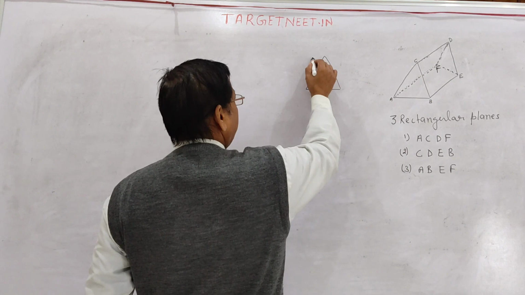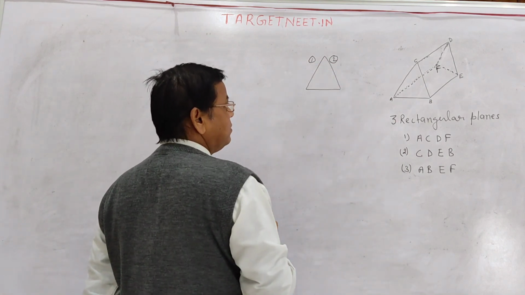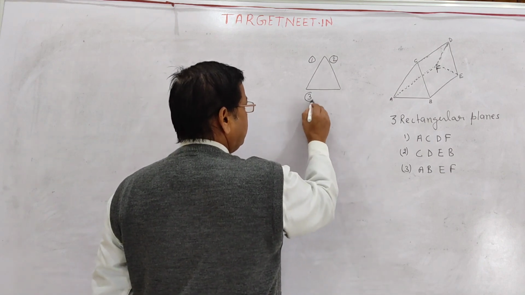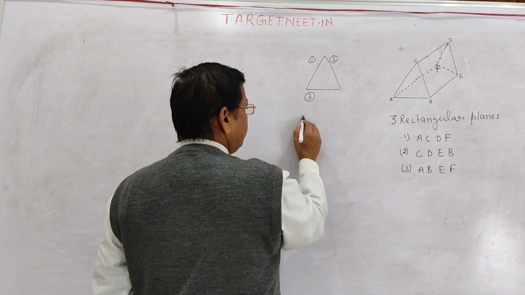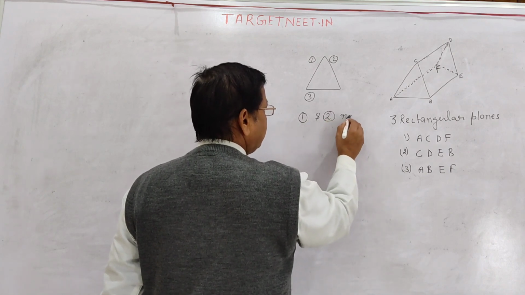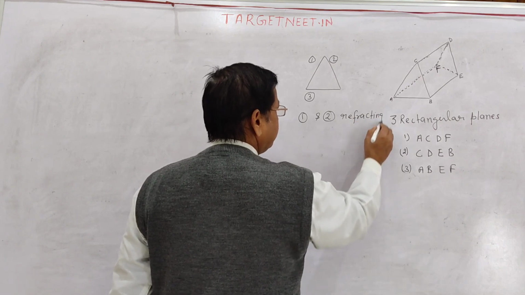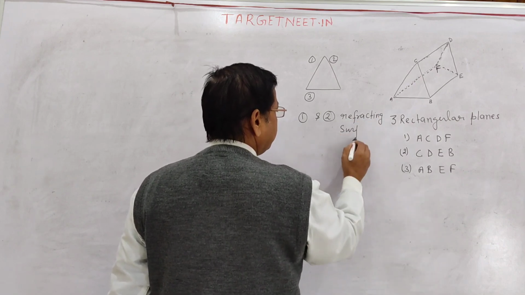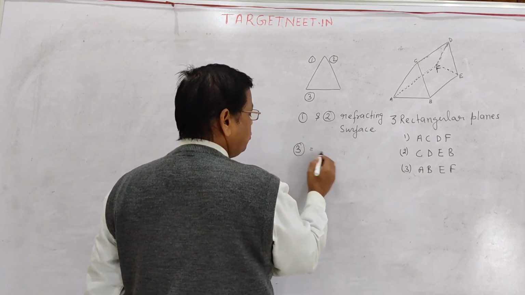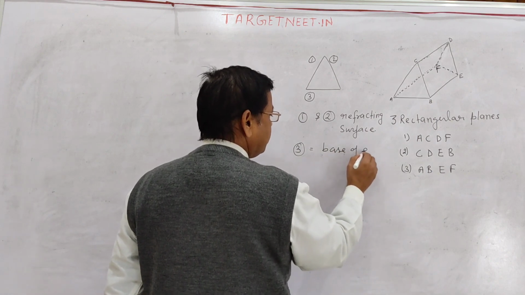So if face 1 and 2 are the refracting surfaces, then face 3 is the base of the prism.